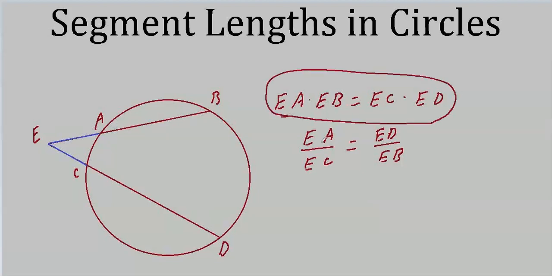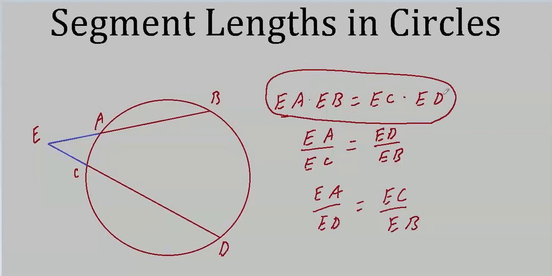From this, you can always derive this, and naturally, you can always get two ratios out of this. And you could write also EA over ED equals EC over EB, I hope, if I got that right.